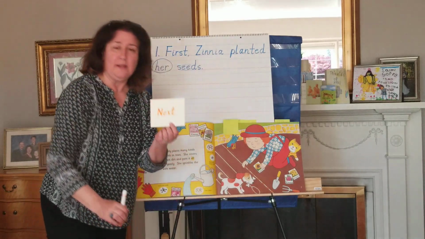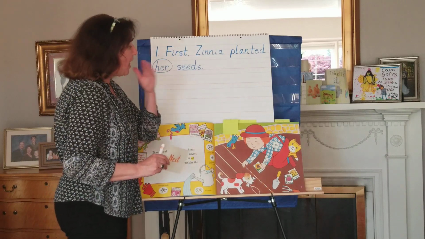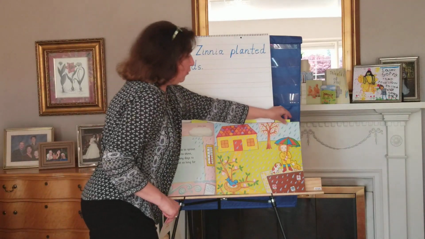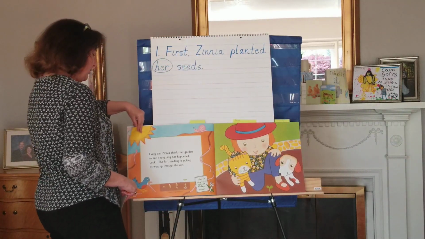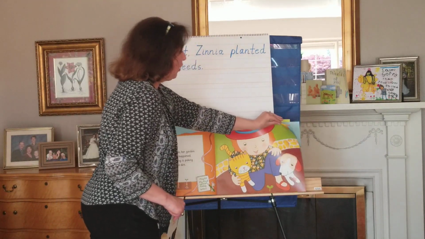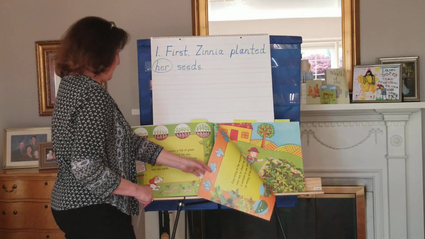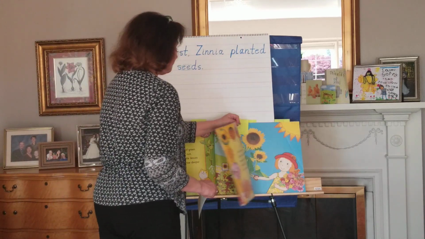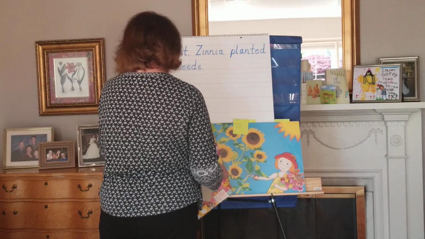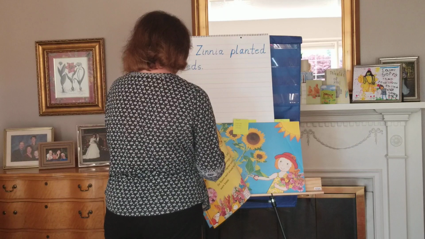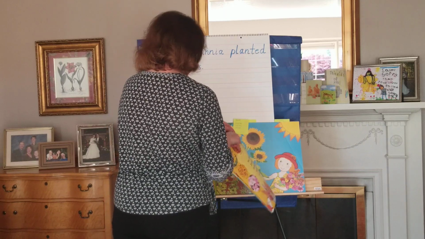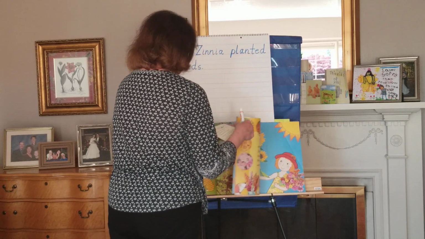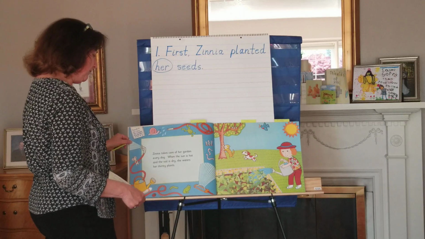Well, in the story, there were a lot of things that Monica Wellington tells us about. She tells us about having to wait for those seeds and watching, and she tells us about how Zinnia checks her garden every day, and it's full of little green sprouts. But I think the important thing is that she has to take care of her garden, right?